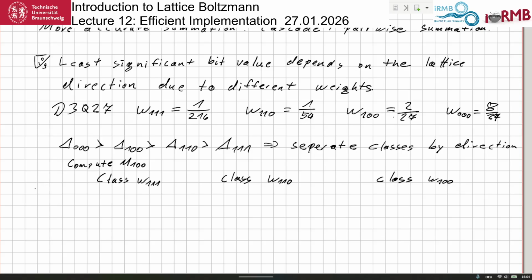So now we build a summation algorithm in steps. I will do step number 1, and I will now indicate what we are summing up. We are summing here F_ijk minus F_minus i minus j minus k. Now we distinguish them, so none of them should be 0, because when they are 0, they belong to the next class. So here we have the class F1. I hope you're writing not on paper.